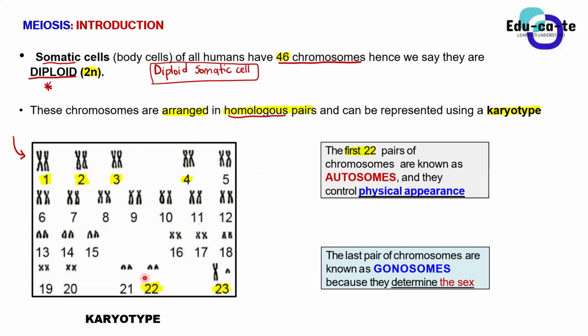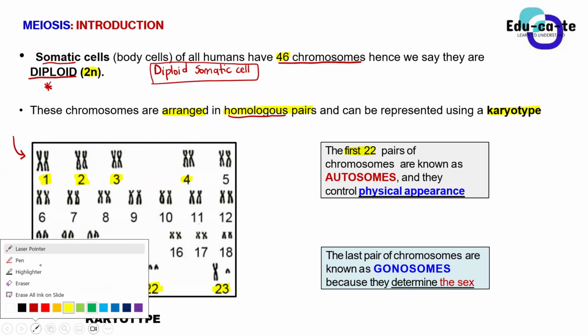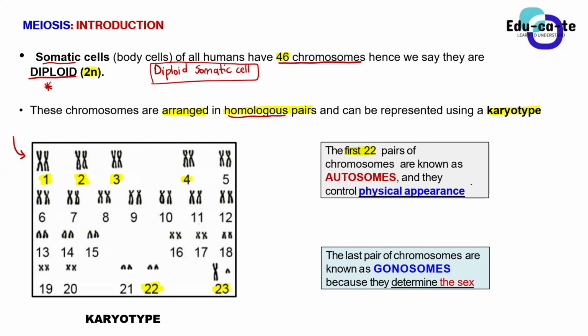And now, what is the significance of even knowing this? The autosomes, they actually control your physical appearance. So the function of autosomes is to do what? It is to control your physical appearance.